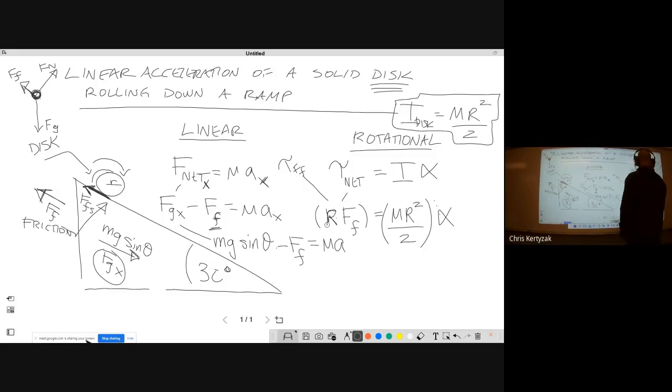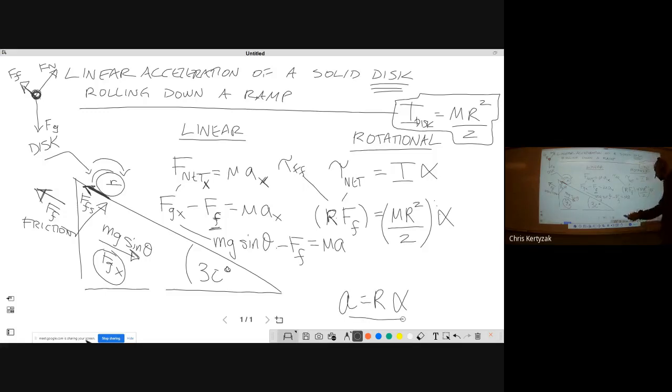So for alpha, the other thing we have to do is use this a equals R alpha formula again.